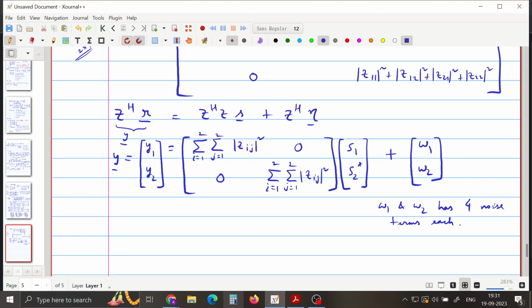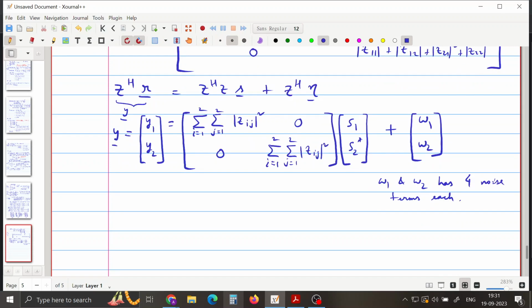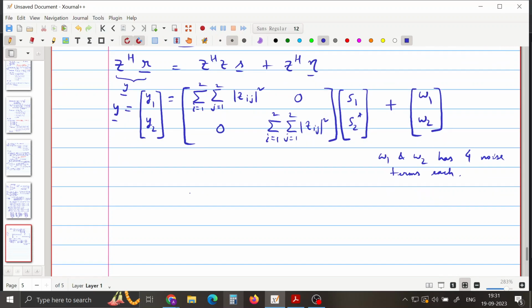If you just compare the LHS and the RHS, y1 is simply this summation mod zij squared times s1 plus w1. Agreed?